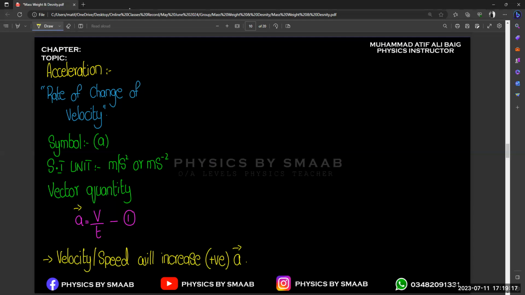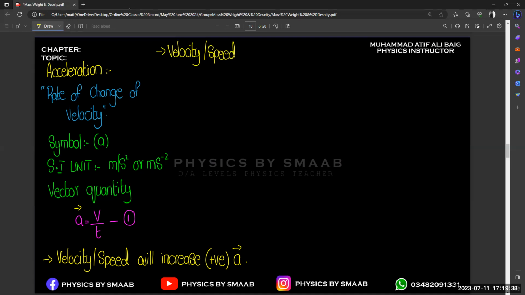And let's suppose velocity or speed decreases with time. Now generally, there is no difference in writing speed and velocity, because 99% of questions are related only to magnitude, as we are studying basics.